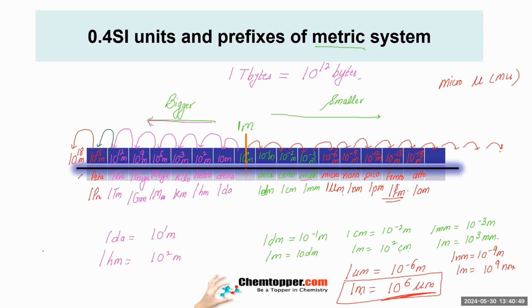This is called exa. 1 exameter is 10 raised to power 18 meters. So exa is a prefix for a factor of 10 raised to power 18. Peta, 15, tera, 12. So this is how you can convert a basic unit into bigger units or into smaller units.